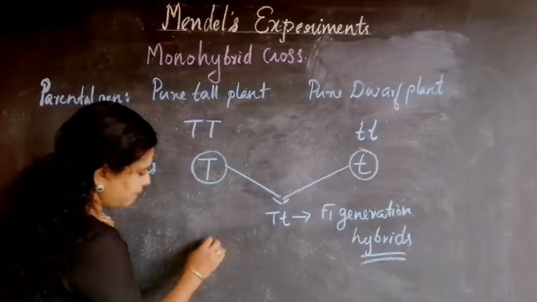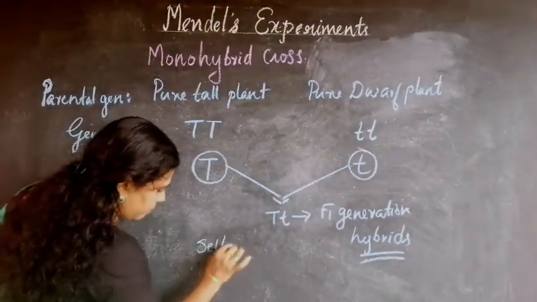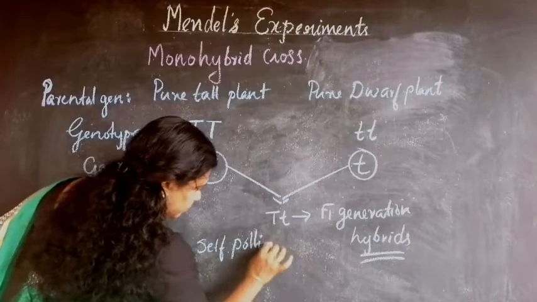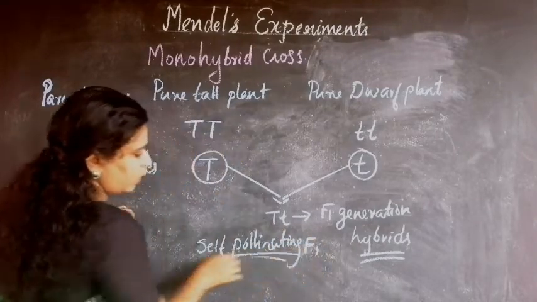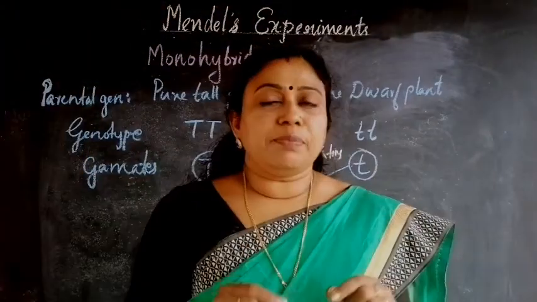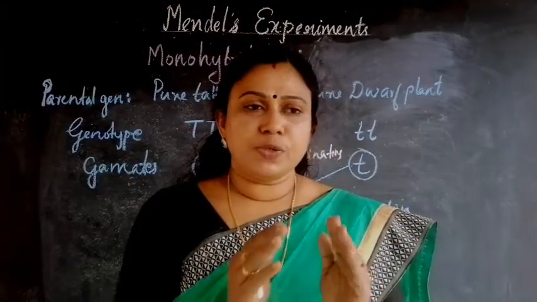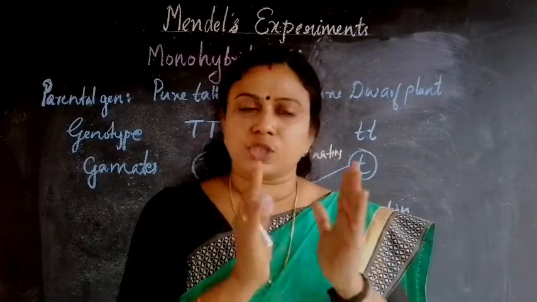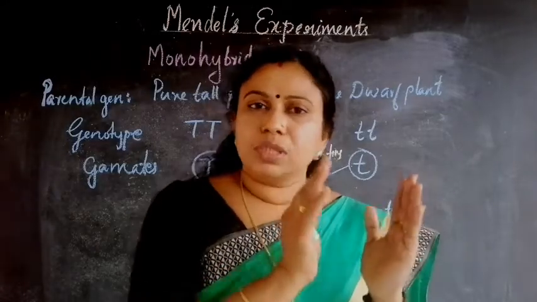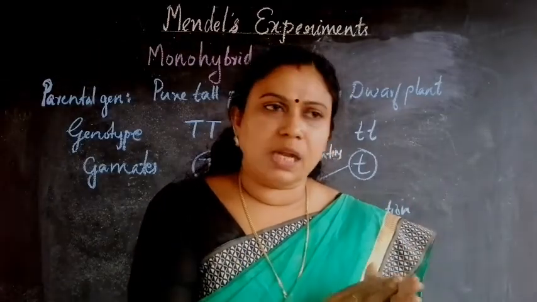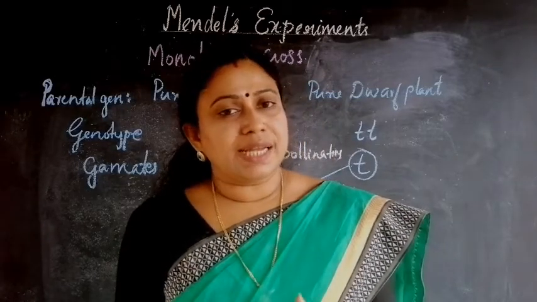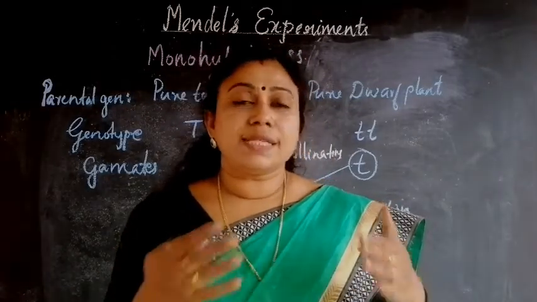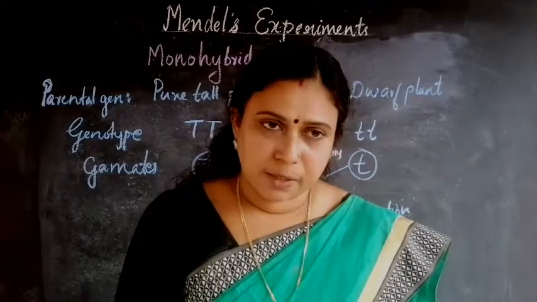So, the next step is self-pollinating the F1 generation. In a plant which produces bisexual flowers, the bisexual flowers have both the male reproductive organ, that is the stamen, and the female reproductive organ, that is the pistil. The pistil contains the ovules and the stamens contain the pollen grains.